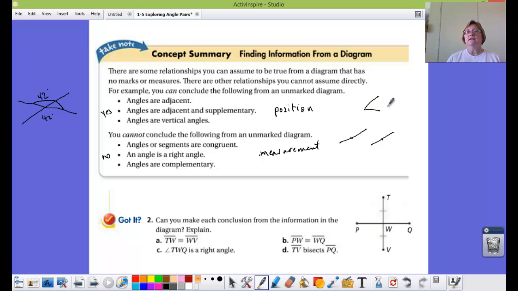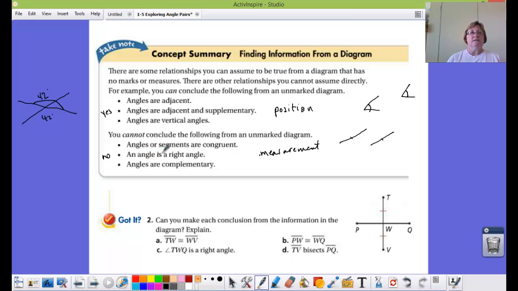The only way, unless again we have vertical angles, the only way to tell whether two angles are congruent is if they're marked. You can't just assume that from the markings there. In fact, sometimes diagrams are meant to be confusing, right? We need to be able to tell whether measurements are really true, and the only way you can tell is by marking in the diagram.